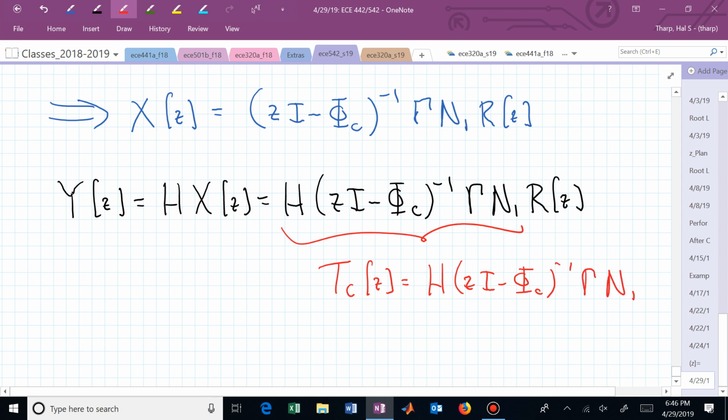We want this to have a DC gain of 1, then we would evaluate this at Z equal to 1, set it equal to 1, and solve for n sub 1. I'll do that offline, but I hope you can now see that n1 is this adjustable parameter that we can use to scale this closed loop transfer function between the non-zero reference input signal and the output Y. And we'll pick up somewhere close to there next time we're together.